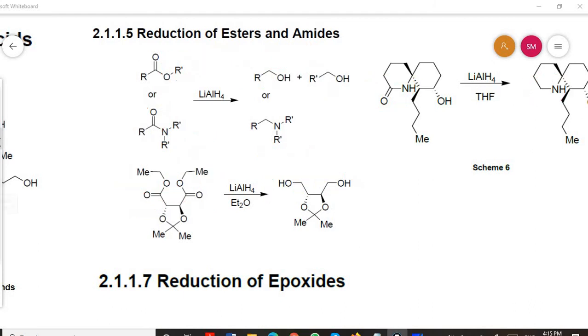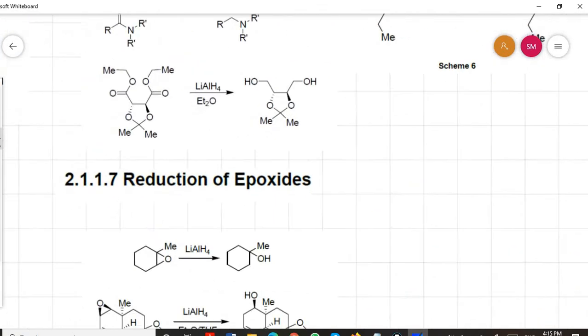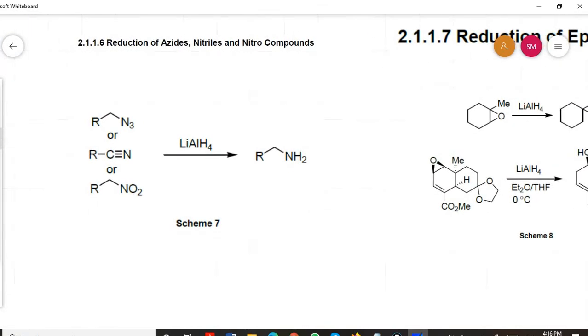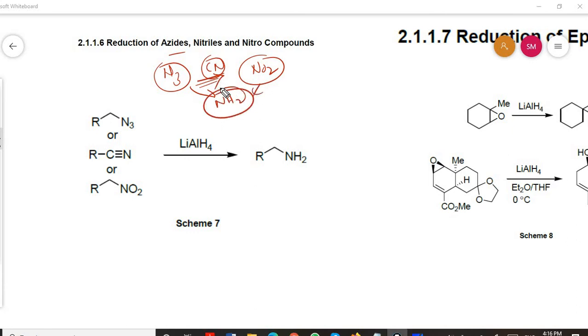So now we are going to see the other applications. Reduction of nitrogen functionalities, like azides, nitriles, that is what we can commonly call cyanides, and nitro compounds. These are all nitrogen functionalities which can be further reduced into amines, simply amines. All nitriles, azides and nitro compounds can be converted into amines by using lithium aluminum hydride.